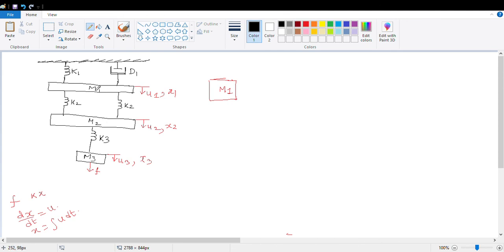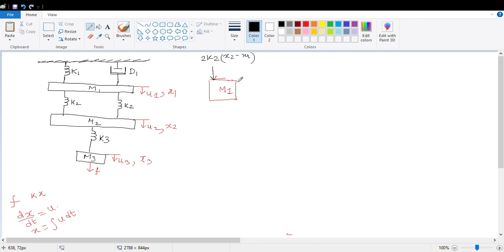Okay, so what are the forces acting on mass 1? There was no direct applied force. I am considering these two forces. These two forces were in this direction. So it was 2k2 times x2 minus x1. This was the direction of the force because here it was applied. So yes, this is the direction of the force.